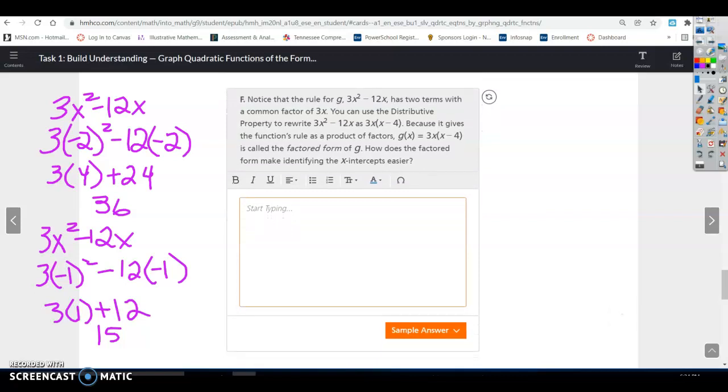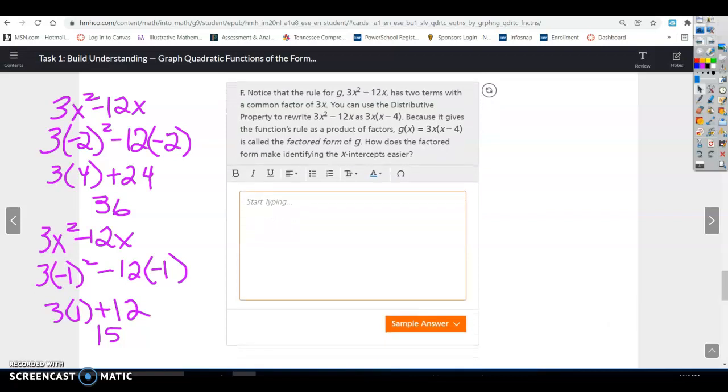All right, notice that the rule for G is 3x squared minus 12x. So remember, that was our original function here. It has two terms with a common factor of 3x. You can use the distributive property to rewrite 3x squared minus 12x as 3x times x minus 4. So remember, this is just rewriting using the distributive property.